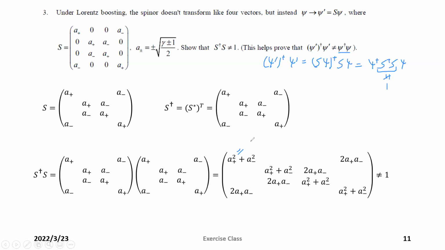The diagonal element will be equal to gamma squared plus something, and the off-diagonal element will be minus 2.